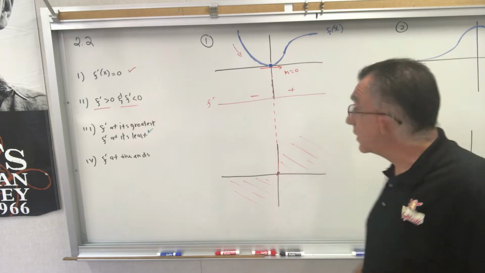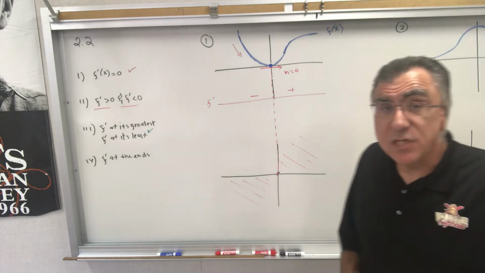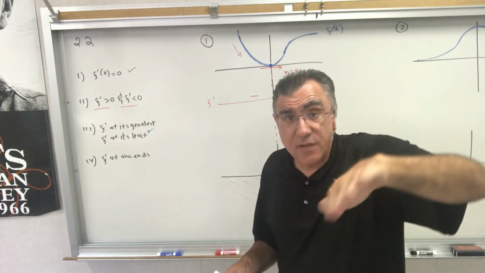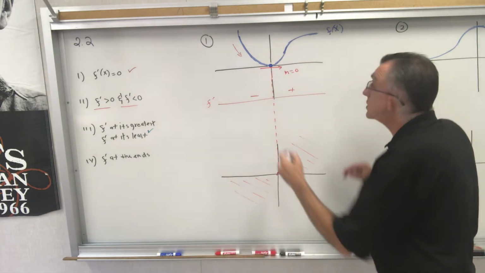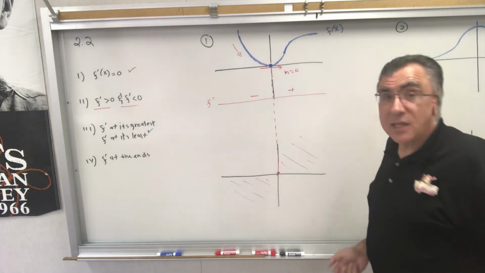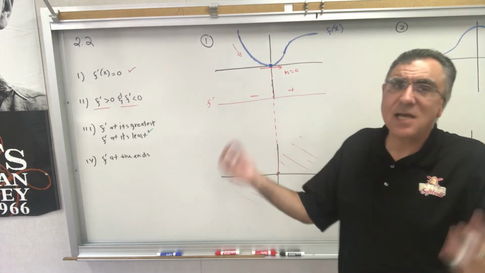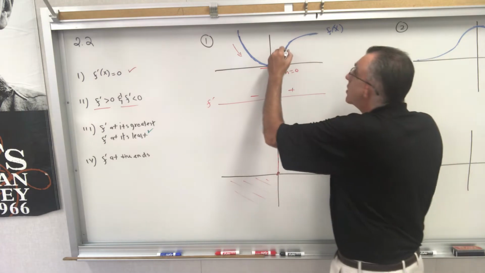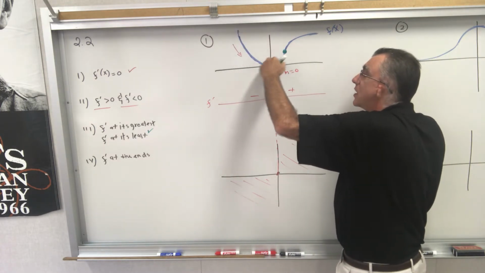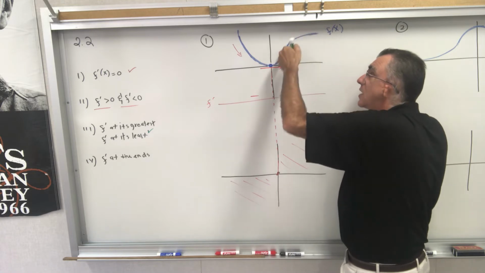For right now, that's going to happen where it changes concavity. Concave up versus concave down. So notice that this is what we call concave up. And sometimes students panic, like, where is it exactly? Just guess. It doesn't have to be perfect. Somewhere around here, it changes concavity. This is called concave up, and this is called concave down, okay?